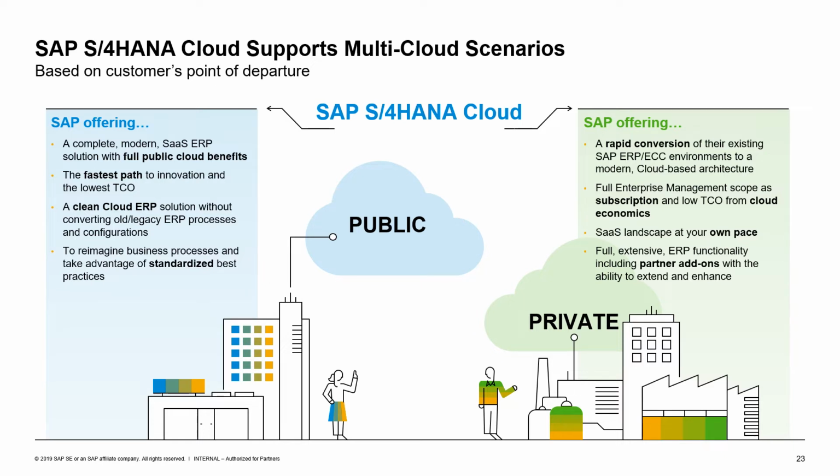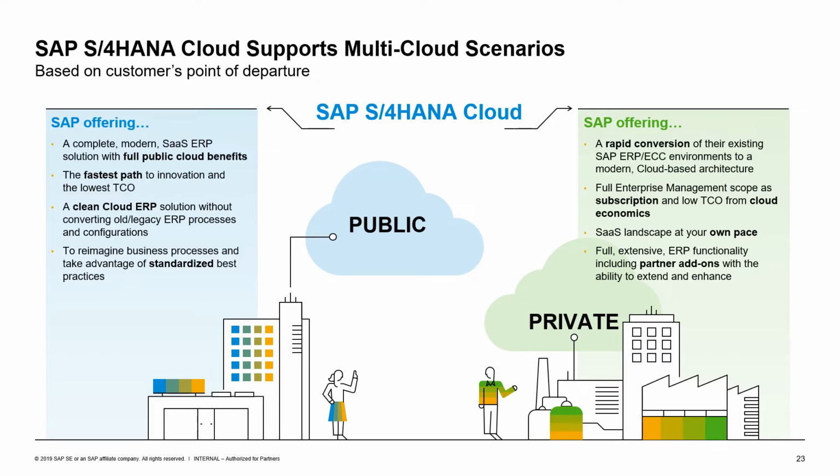For those complex customers that have and want to migrate, SAP's offering provides for a solution where we see rapid conversion of their existing SAP ERP or ECC environments to a modern cloud-based architecture. They have full enterprise management scope as a subscription and low total cost of ownership from cloud economics.